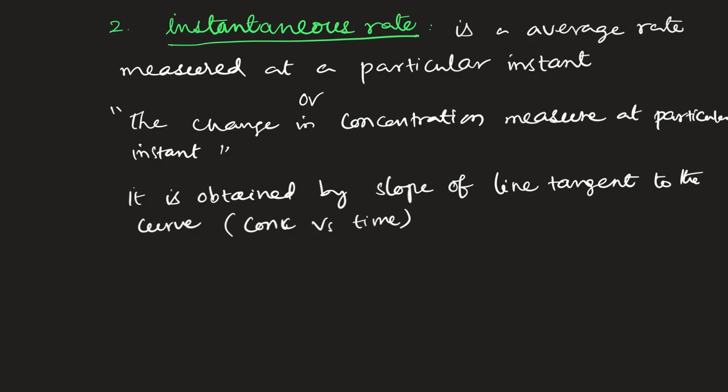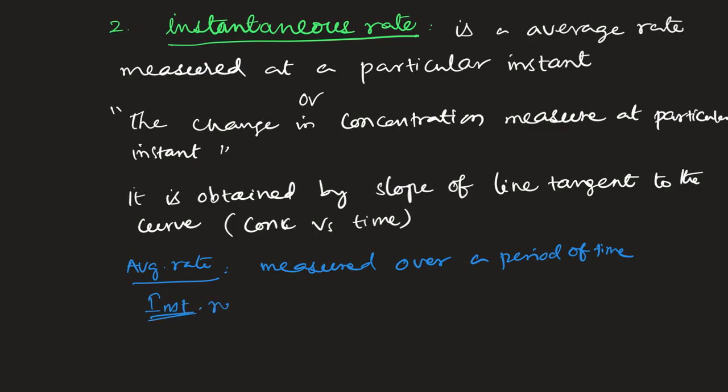So what is the use of this one? First of all, we know that average rate is measured over a period of time. Instantaneous rate is measured at a particular instant or particular time.